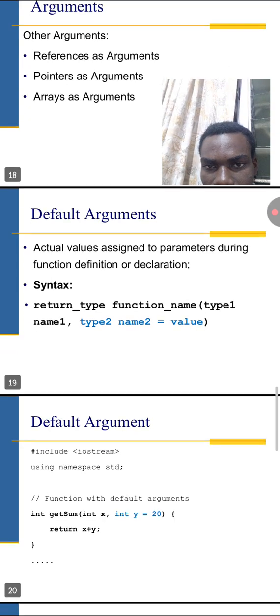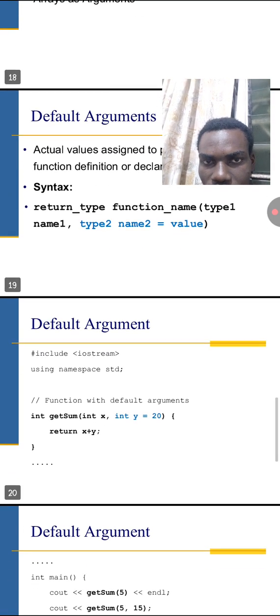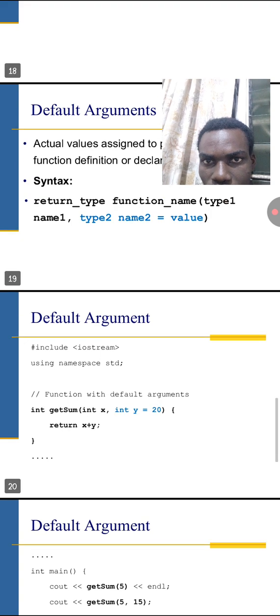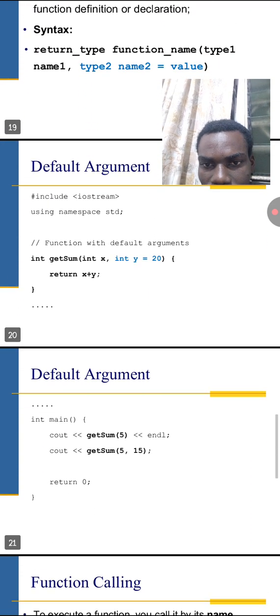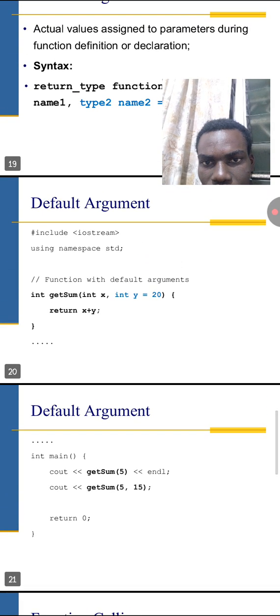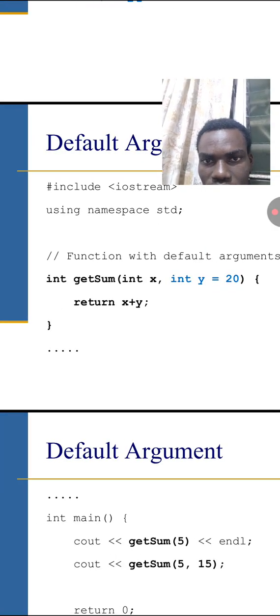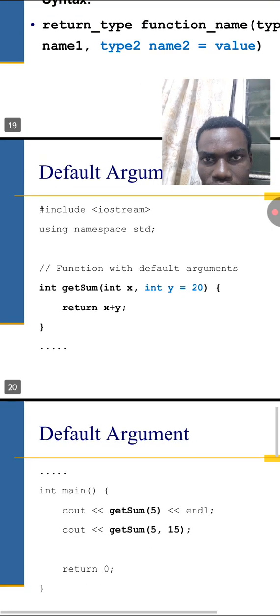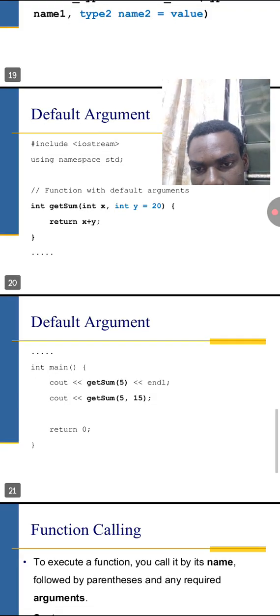You can see that it has assigned a value in that parameter during the declaration. So here, as you can see, int y equals 20. So this is a default argument.